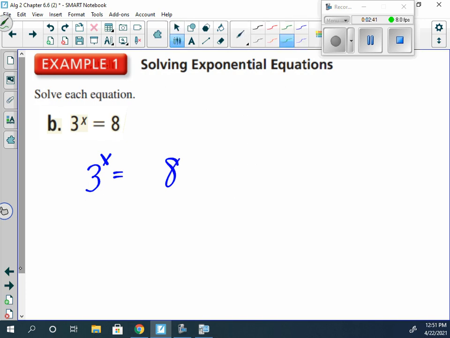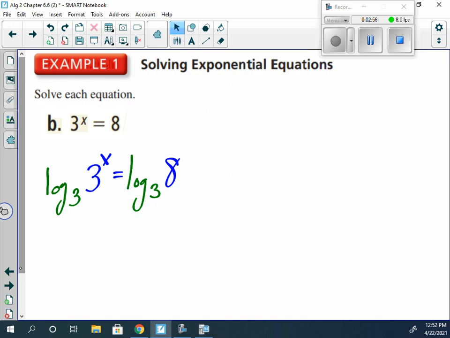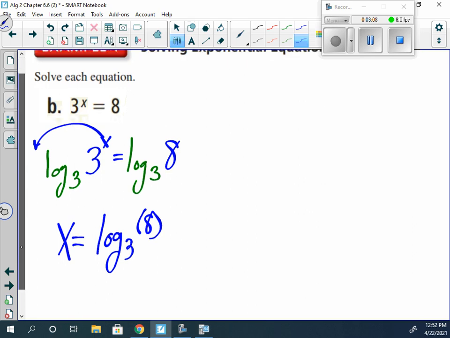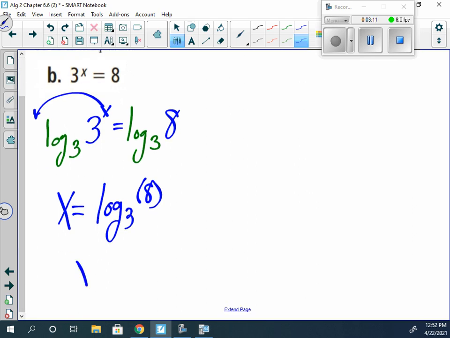So what would we do for this one here? Yeah, we'll apply log base 3 to both sides. Because realistically what we're doing is we move the x out front, and log base 3 of 3 is 1, which just simplifies to x, leaving us with log base 3 of 8 on the other side, and then we just need to simplify this here.